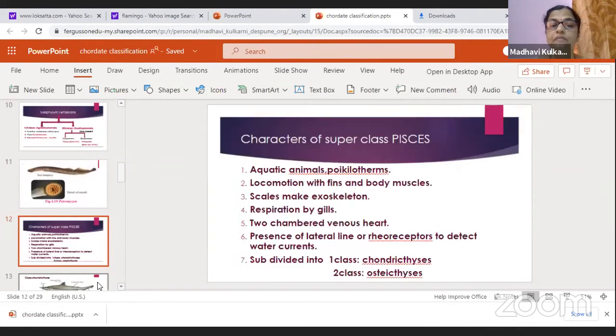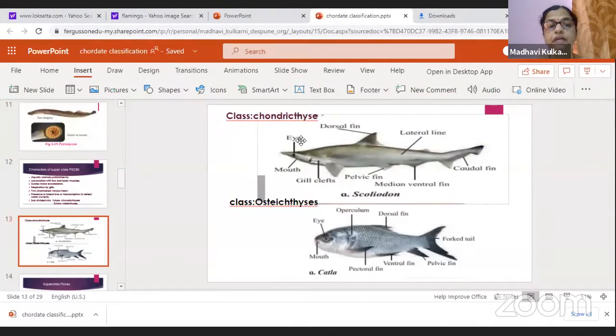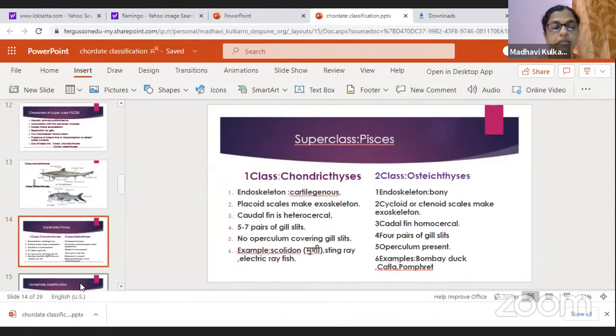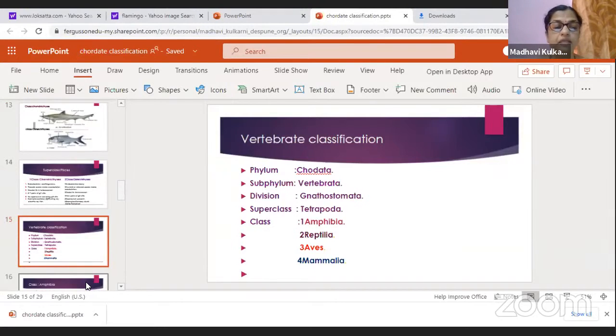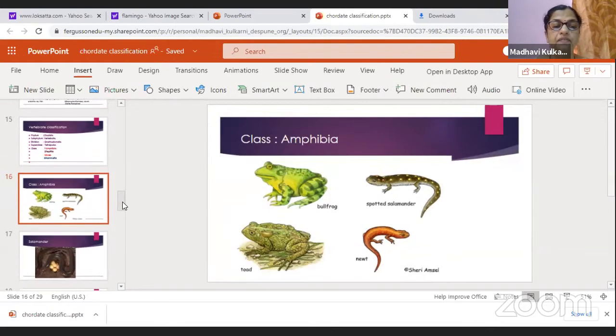And then in vertebrate classification, we have studied the two superclasses: first Pisces and second Tetrapoda. In fish, we studied two types, the cartilaginous fish and the bony fish. Then we studied the characteristics of fishes, and then class Amphibia, animals having dual life.